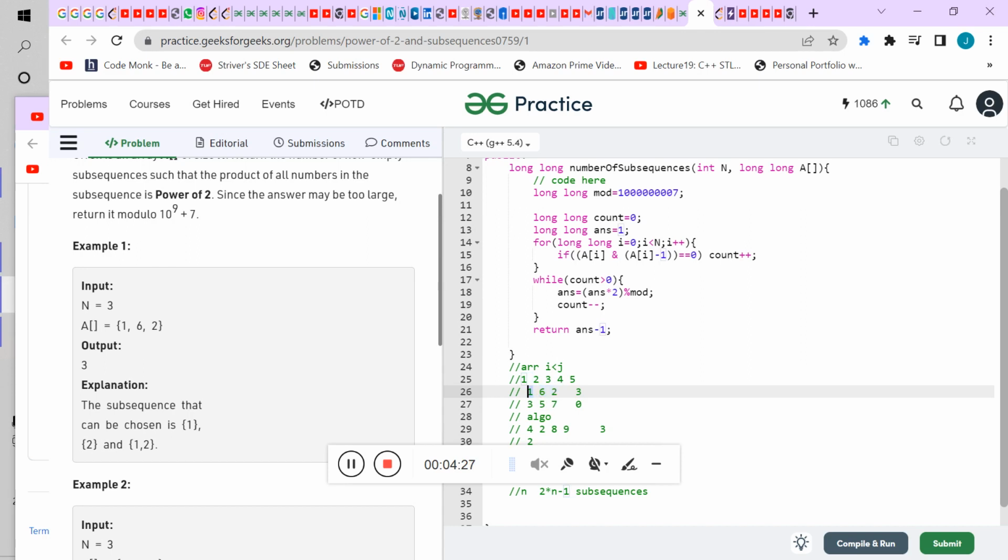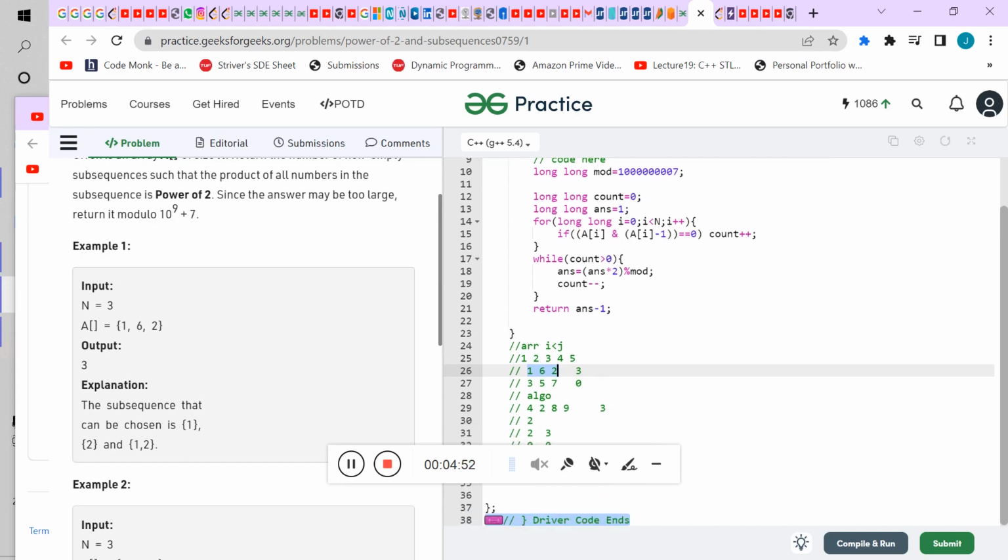If I take 1 and 2, their product is 2, so it is a power of 2, that is 2^1. So I will take it in my subsequence, and my count will increment and become 3. And if I take 1, 6, and 2, all the elements together, the product will be 12, and this is not a power of 2, so I will neglect it.